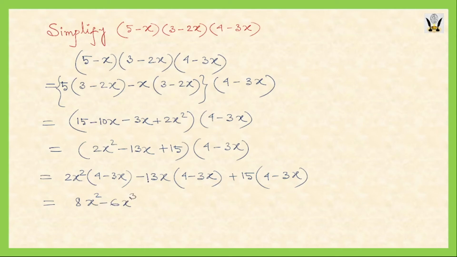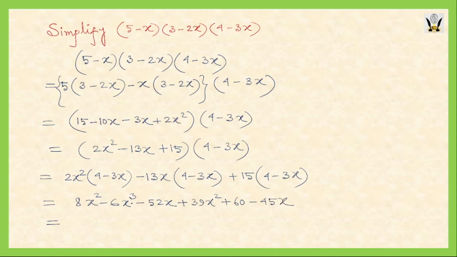Now 4 and 13, 13 4s are 52, so it will be minus 52x, then minus 3x minus 13x, 13 3s are 39, minus times minus, so it will be plus 39x square. Then 15 4s are 60, so plus 60, and then here 15 3s are 45, so here it is minus 45x. Now we will combine the like terms.